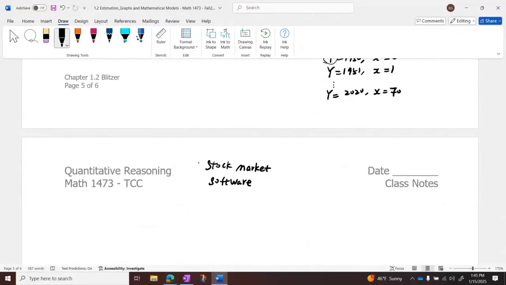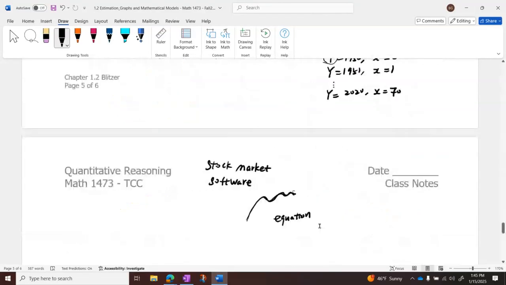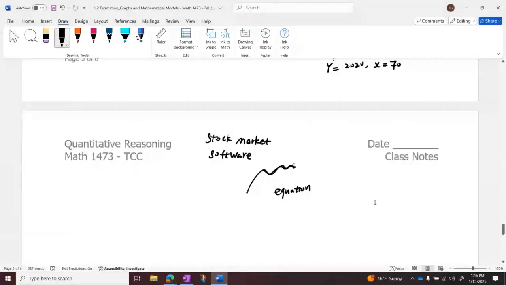Let's suppose this is the trend of the price of a stock, and they look at the pattern and find the equation. This is not linear, obviously. It's more complicated, maybe polynomial or even more complicated functions. So they find the equation like what we did just now. Our equation is a straight line, but this may be some other type of curve.